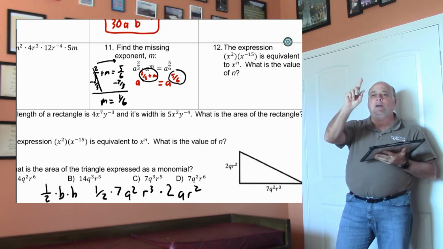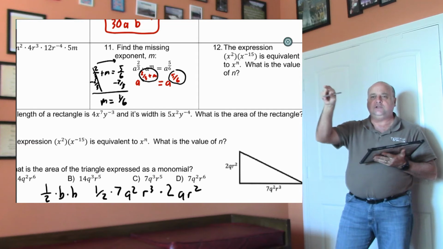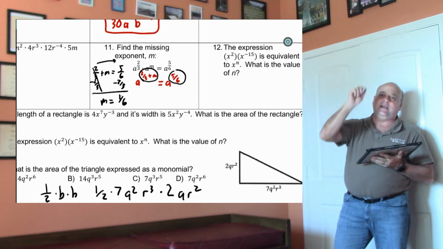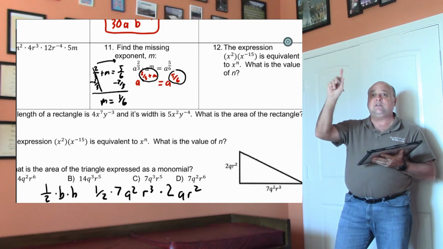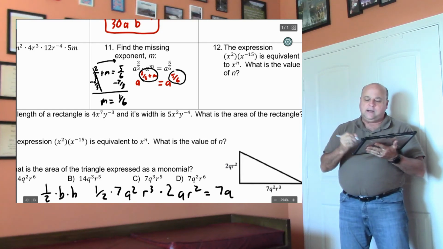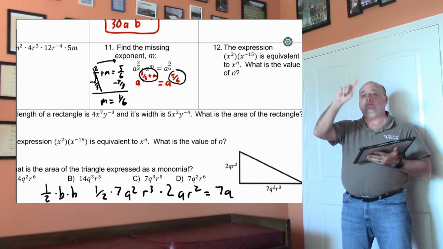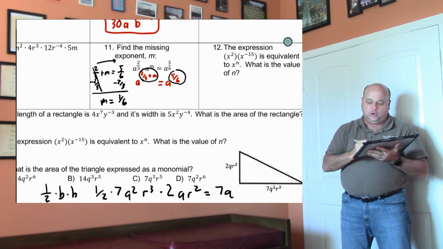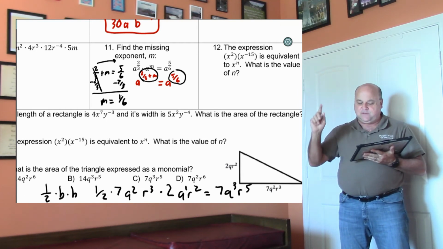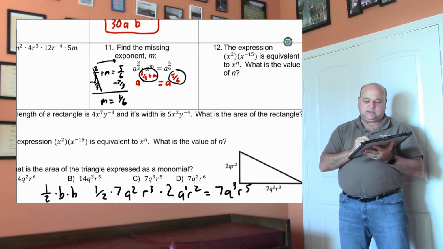Now I'm going to multiply the coefficients of 7 and 2 first. 7 times 2 is 14, and half of 14 is 7. My letters are Q and R. I write down the Q and add up the exponents. I have a 2 and a 1. 2 plus 1 is 3. My next letter is R, and I add up 3 and 2 and get 5. So which choice is 7q cubed r to the 5th? It's going to be C.